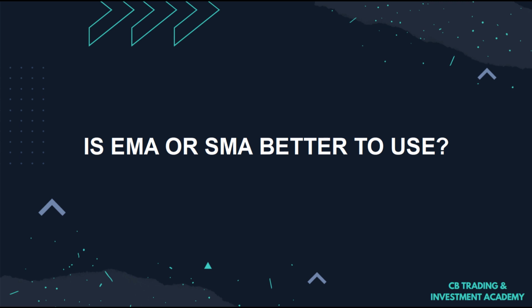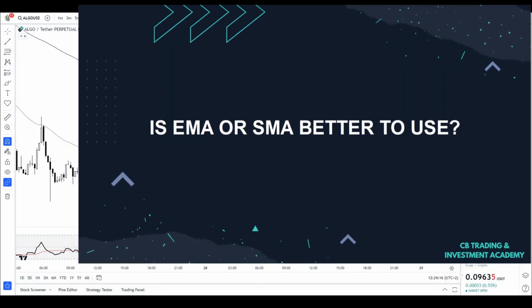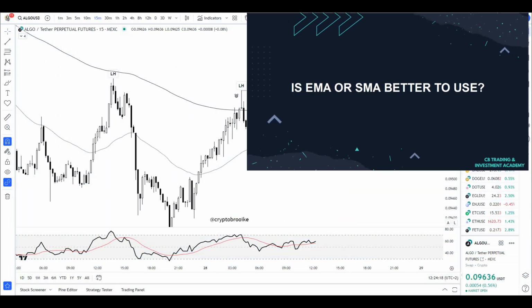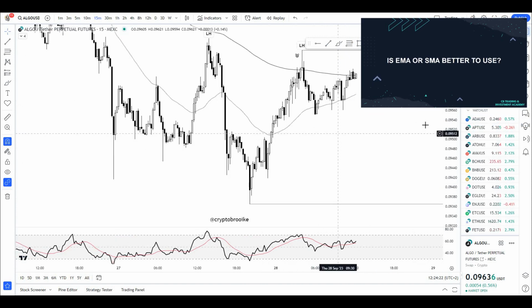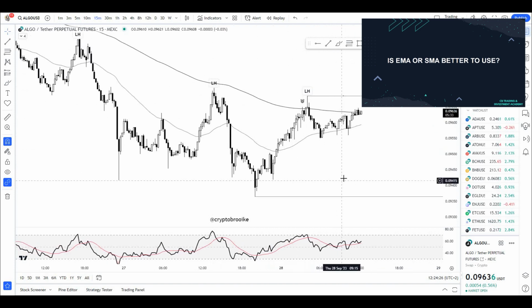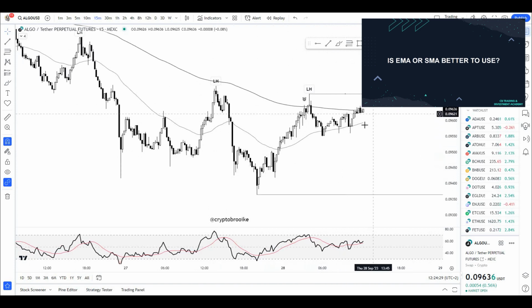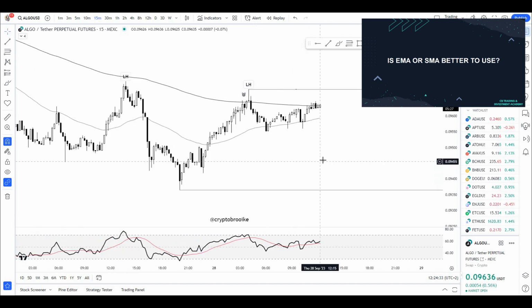I think there is not a better or worse between the simple moving average or the exponential moving average. The difference is that the exponential moving average gives more weight to the latest candles. So what a simple moving average does, if you have a 200, or let's say a 50, that's easier.